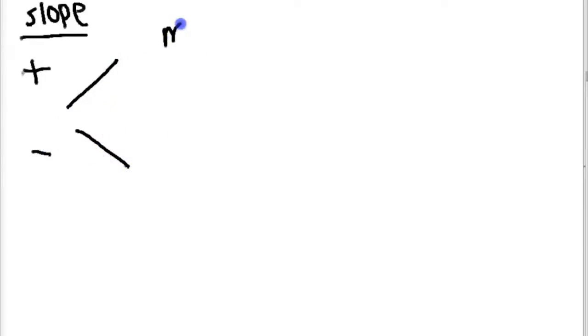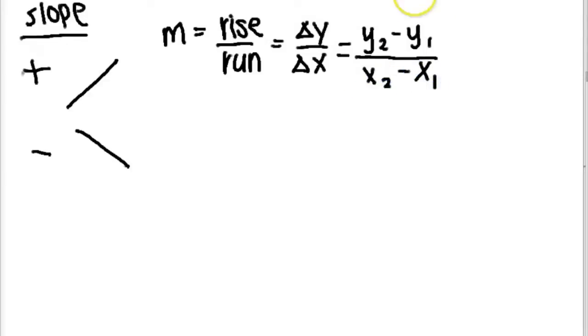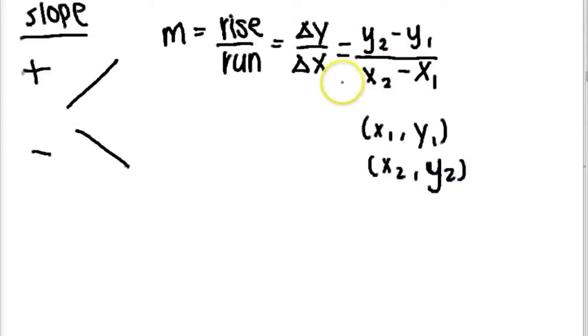So slope is often denoted as m, which equals rise over run, which is also equal to delta y over delta x, which means the change in y over the change in x, which can also be written as y sub 2 minus y sub 1 over x sub 2 minus x sub 1. And what these 1s and 2s mean is that if you have 2 points, x1 and y1 and x2 and y2, you can just plug those numbers in to find a slope.